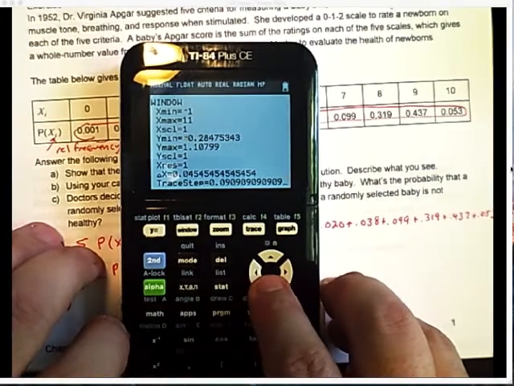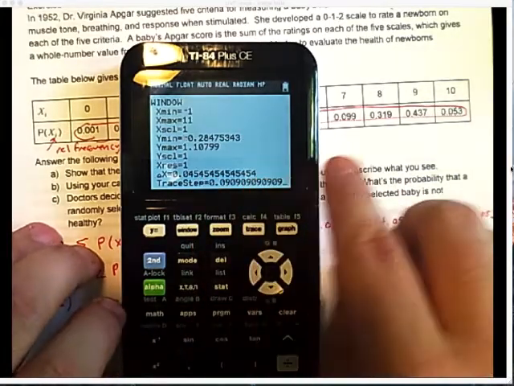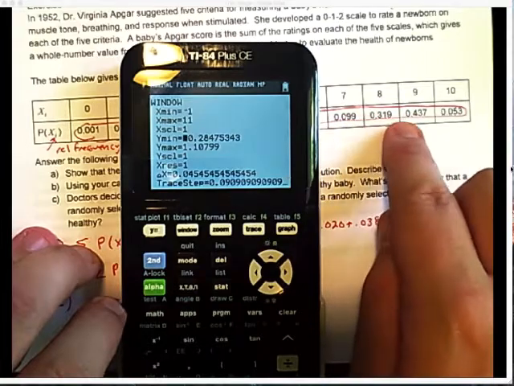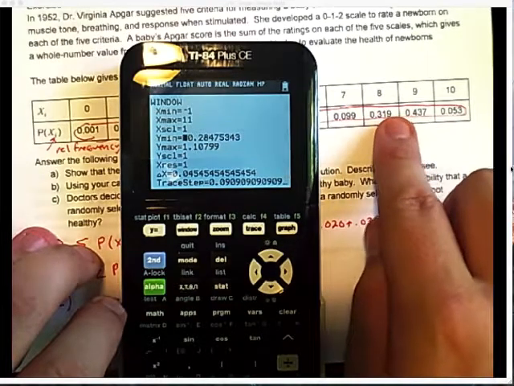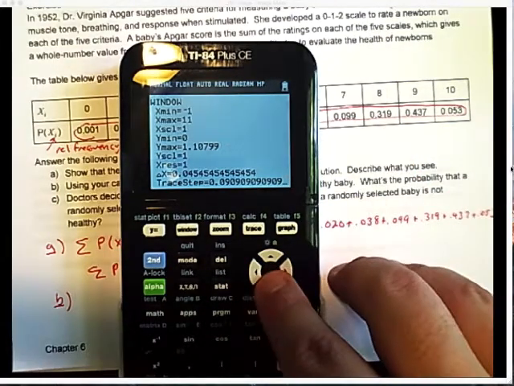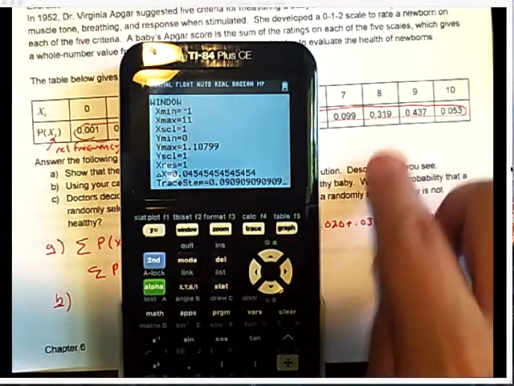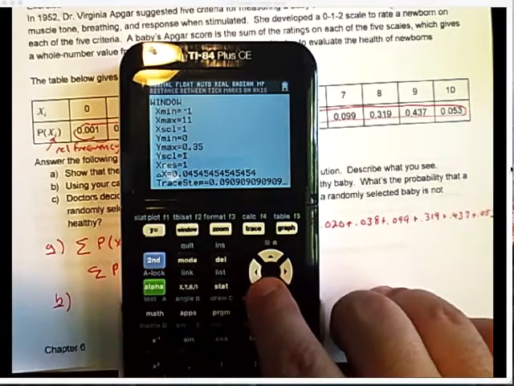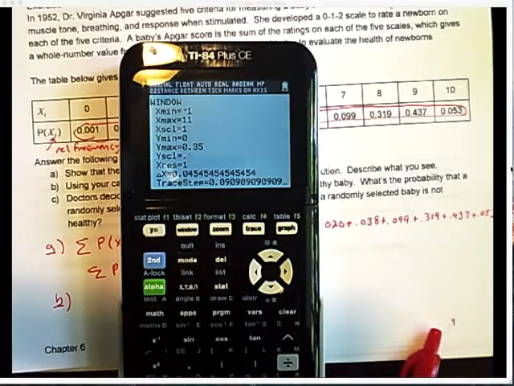All right. And for the y scale, what's the biggest probability, relative frequency, that you see is 0.319. So we know we're never going to get less than 0, but we're never going to get more than 0.319. So maybe I can go up to 0.35. Maybe I want to scale these by 0.05.